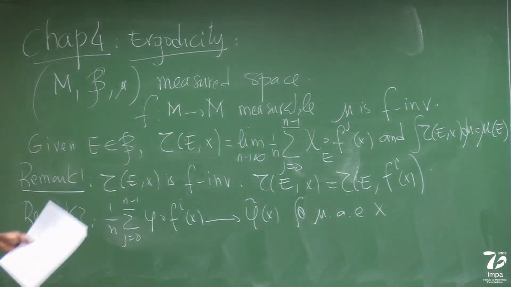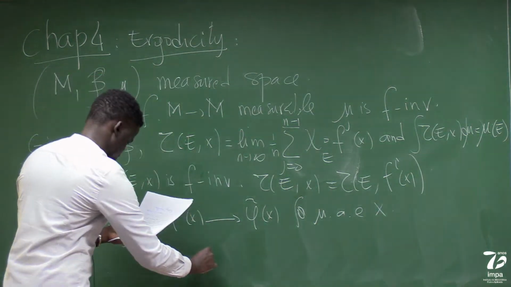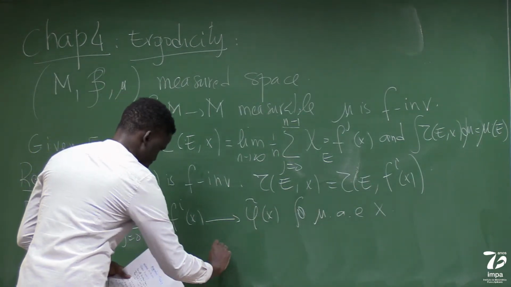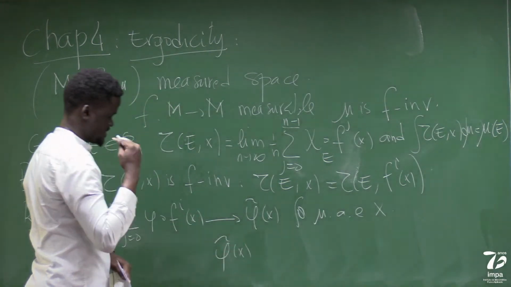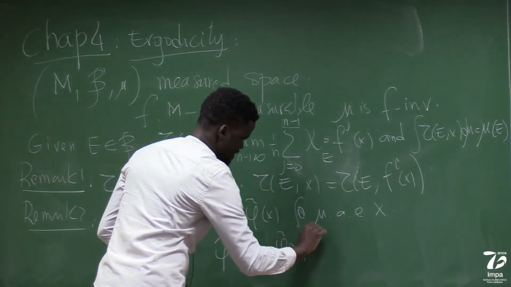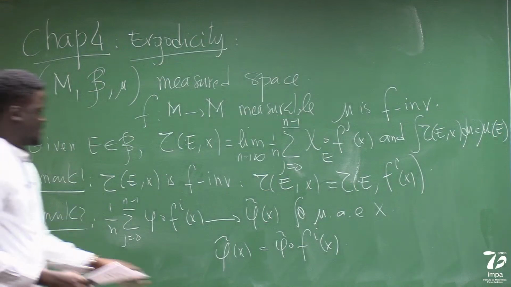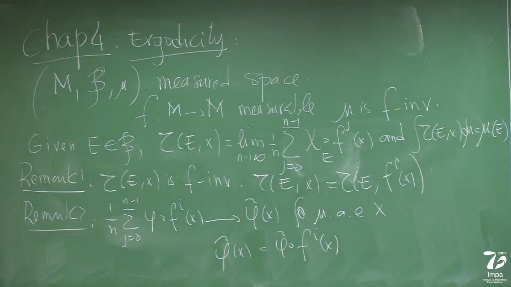So basically, we want to improve these results you get from invariance in this chapter. And mu is f invariant also, so that phi tilde of x equals phi tilde composed with f of x. Okay. So this is what we want to improve basically here, by adding a structure on our measure.